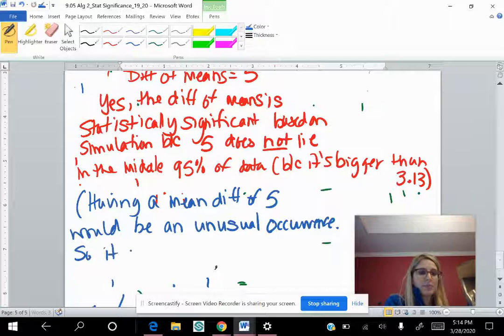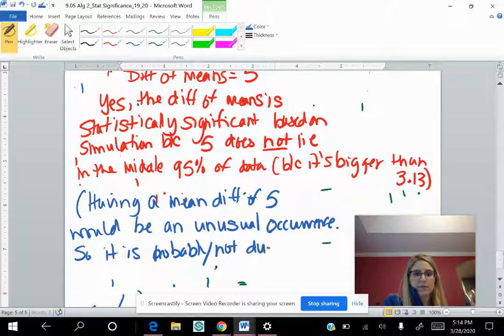So that tells us it is probably not due to chance that there was a difference in the outcomes between the scented and unscented paper, which means it could potentially be because of the paper.